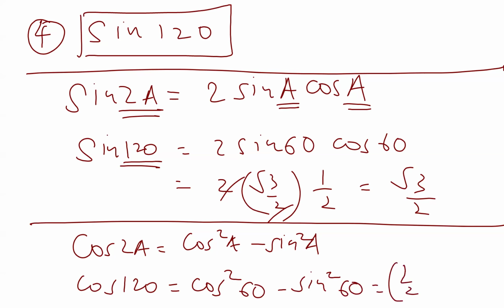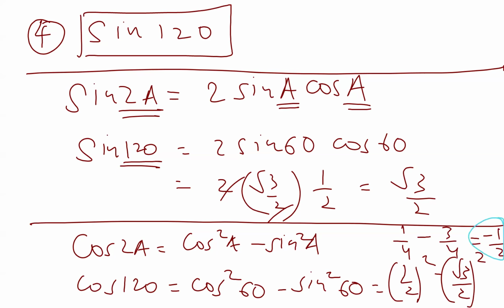So half square minus root 3 by 2 the whole square. So this is going to be 1 by 4 minus 3 by 4, which is minus 2 by 4. The answer is minus half. Okay. So the answer for cos 120 is minus half. I've written over here. Now tan, cot, sec, cosec, you can directly calculate. Tan is sine upon cos.